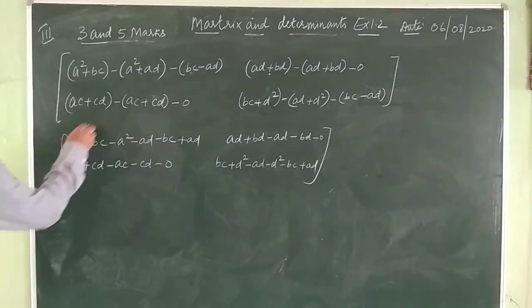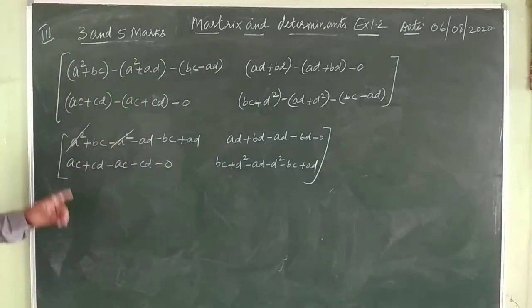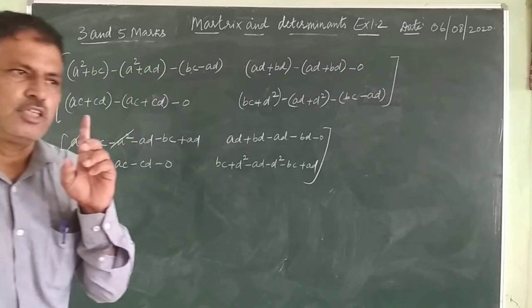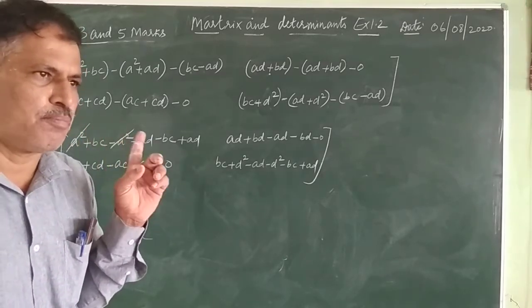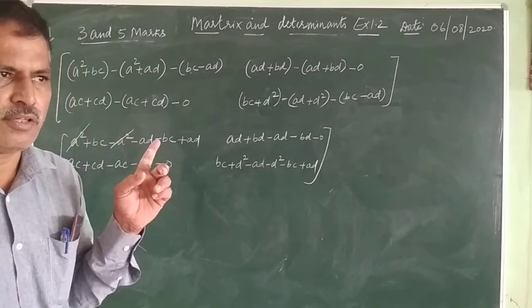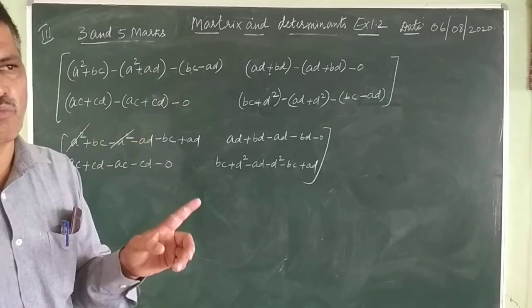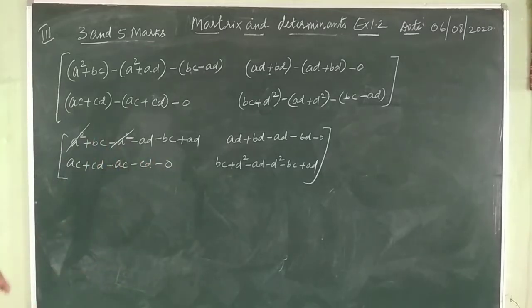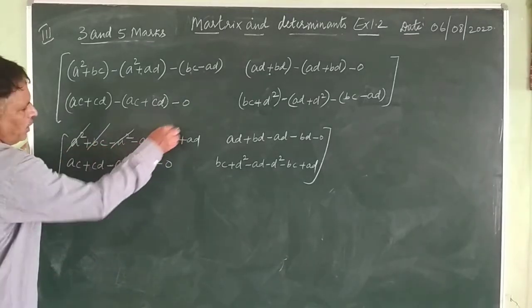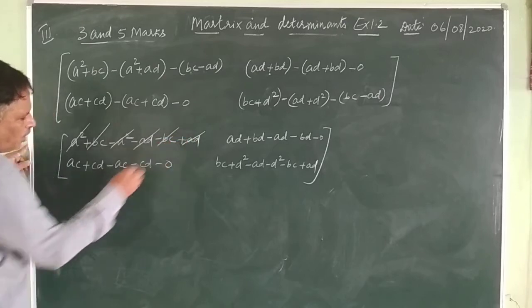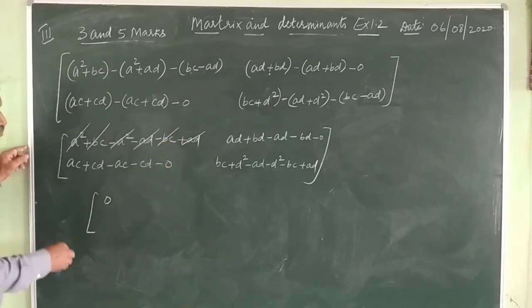Right? Positive A square, negative A square. If you cancel, it will become 0. We are not simplifying, we are not dividing it. We are subtracting, therefore it will become 0. If you divide, it will become 1. We are subtracting, hence it is 0. Positive BC, negative BC. Positive AD, negative AD, you will get 0.